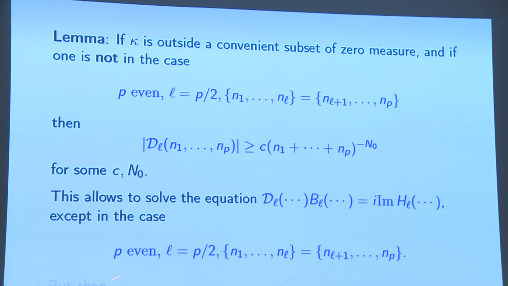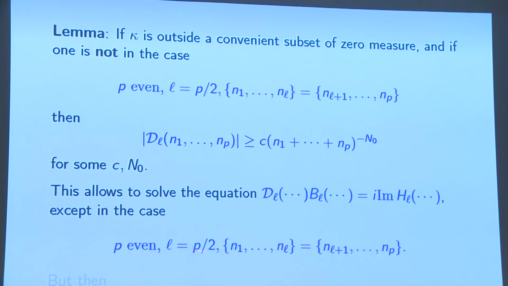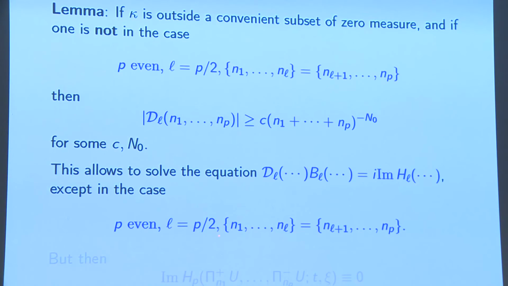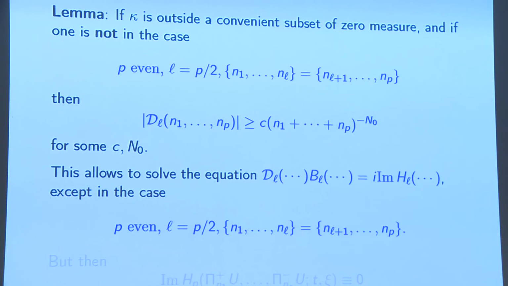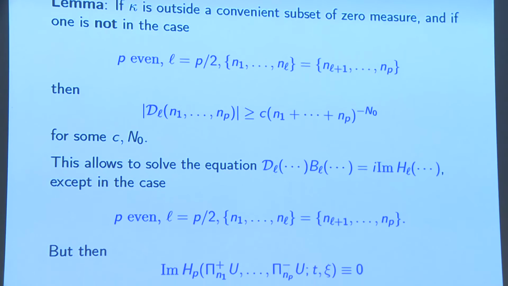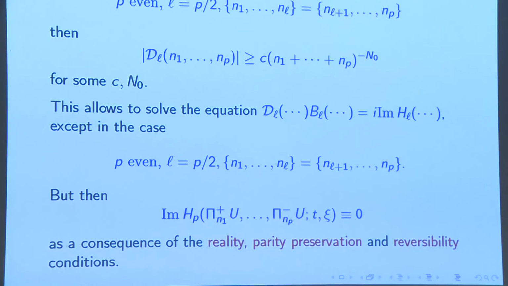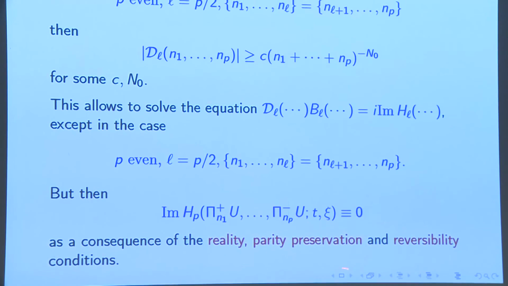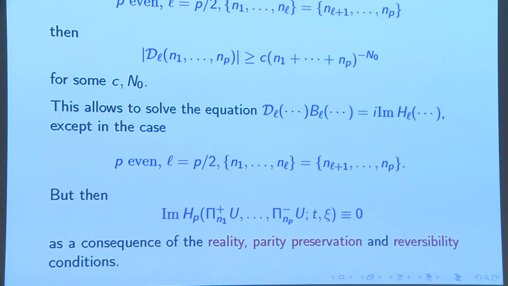except in the case P even, L equals P over 2, and N1 to NL equals NL plus 1 to NP. As we have seen, in that case, this dl will vanish identically whatever the value of the parameter kappa. And so to solve the equation in that last case, we use the three properties that I was mentioning: reality, parity preservation, and reversibility.